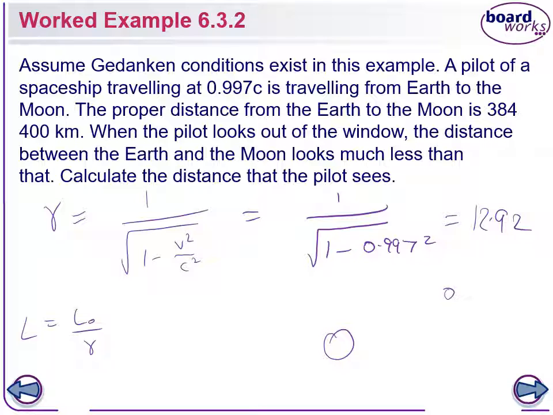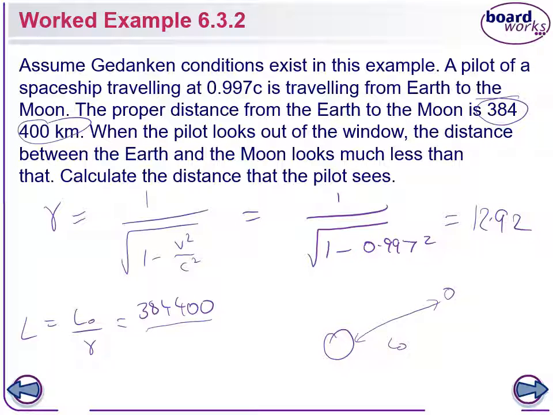If we are stationary relative to the Earth and the Moon, that is our L naught value, which is that one up there, 384,400. So that's our L naught. So our pilot will see L naught divided by gamma, sorry. So 384,400, should we leave it in kilometers?